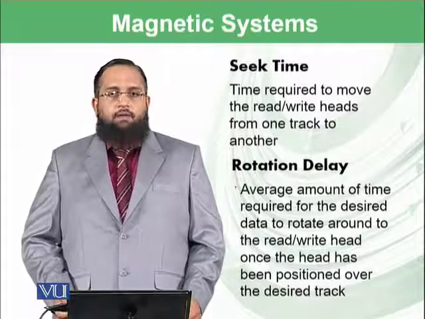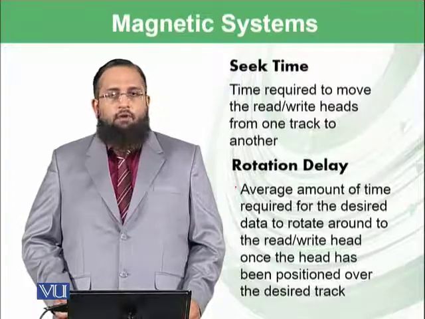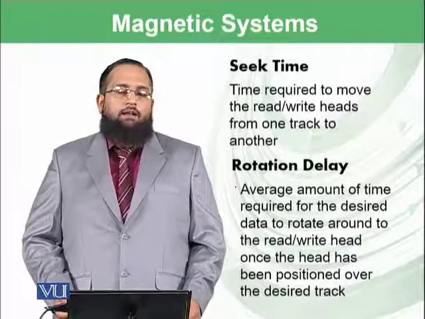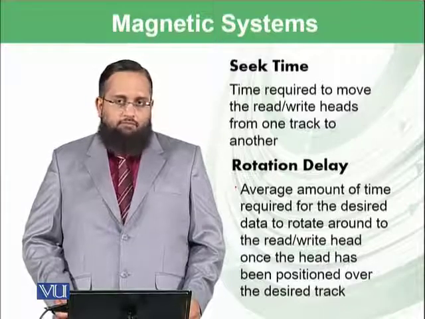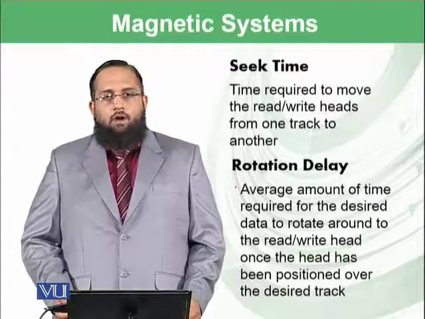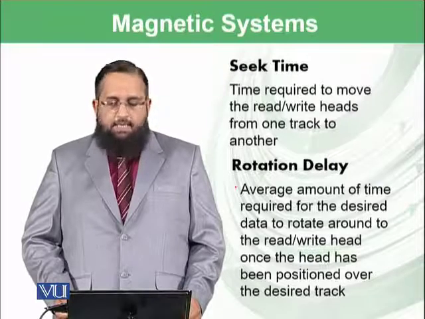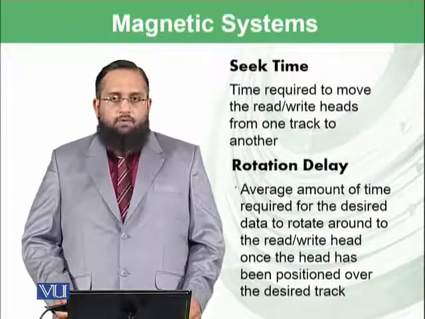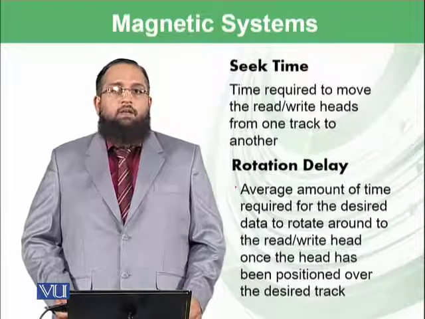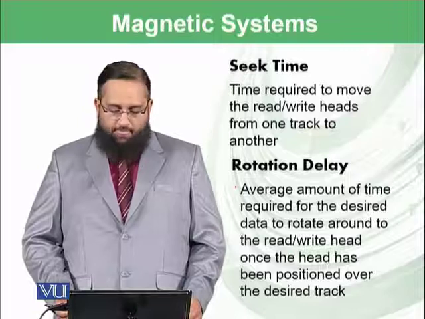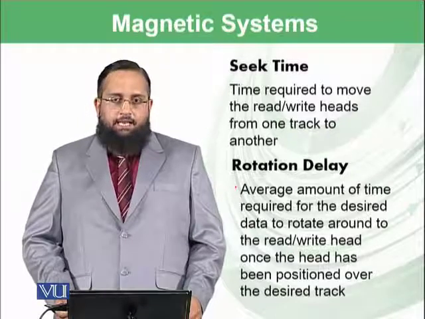For example, you are reading data from one track and there is a command to read other data which is on another track. So the time required to move the read-write head to that track is known as seek time. Of course that should be less if the disk is considered good. And then there is rotation delay.